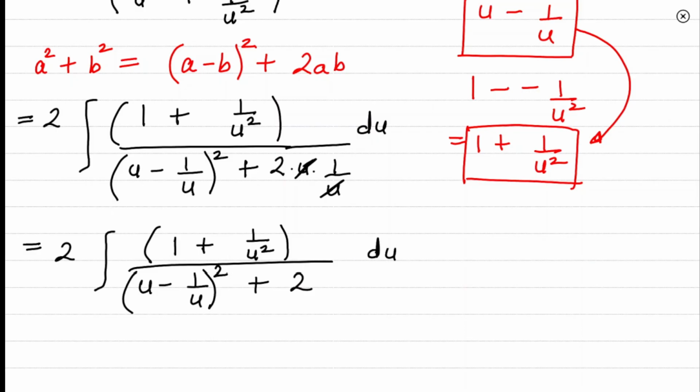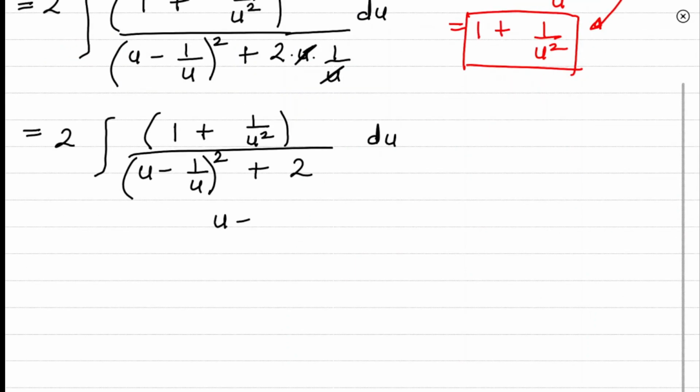respect to u. Now, since we know the differentiation of u minus 1 by u is nothing but 1 plus 1 over u square, what we can do is we can do a substitution of u minus 1 by u. So let's say we put u minus 1 by u is equal to t. Okay, now in order to convert that integral from the u world, we'll have to convert it to the t world. And in order to do that, we'll differentiate both the sides with respect to u.